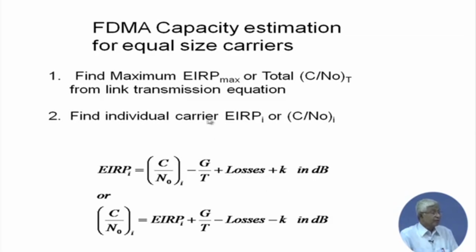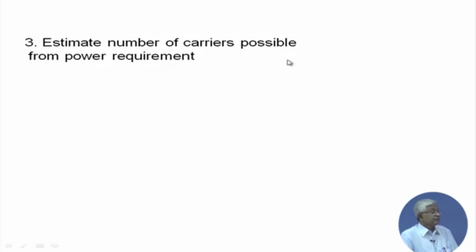So let us go back to the calculation of the capacity estimate. How much the capacity is, is based on this expression. These two expressions are the same, only the sides change; only the losses determine that, and in this case losses are taken inside the calculation. So estimate the number of carriers possible from the power requirement point of view.